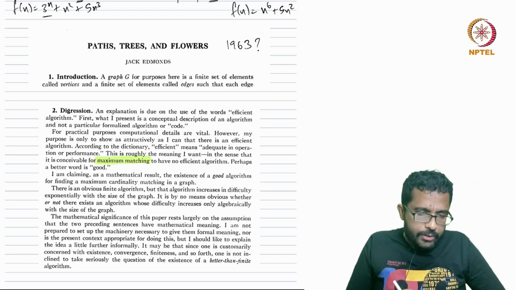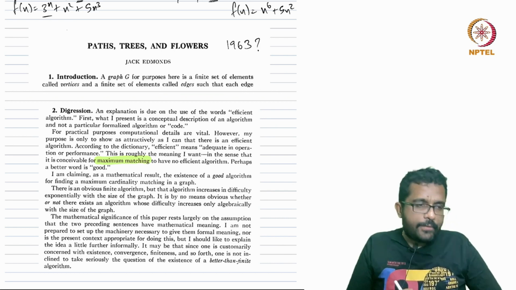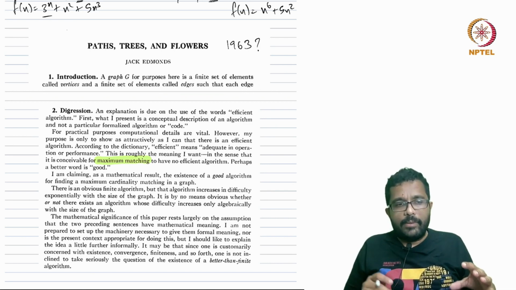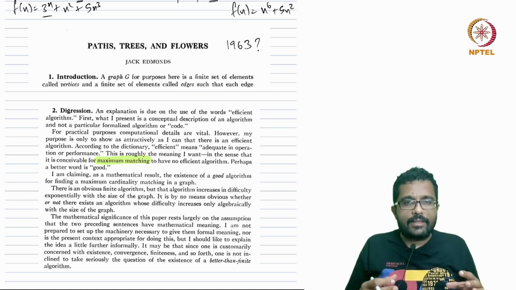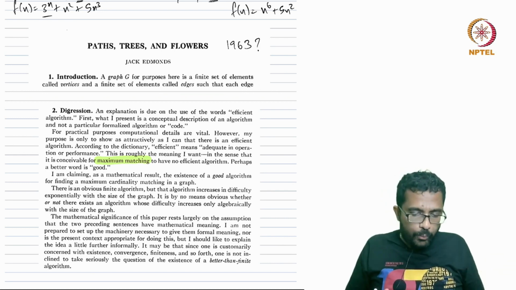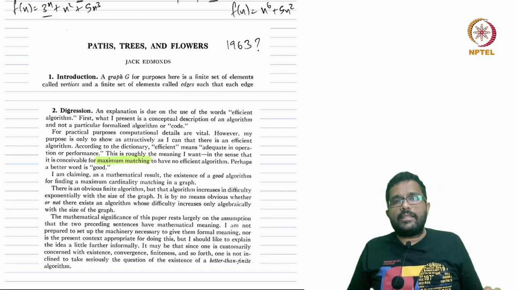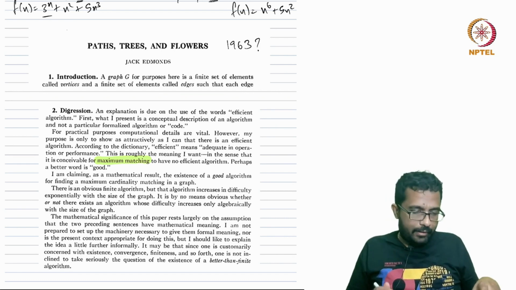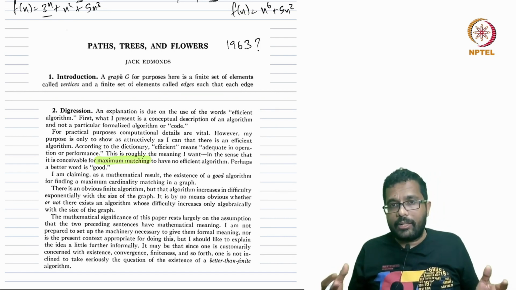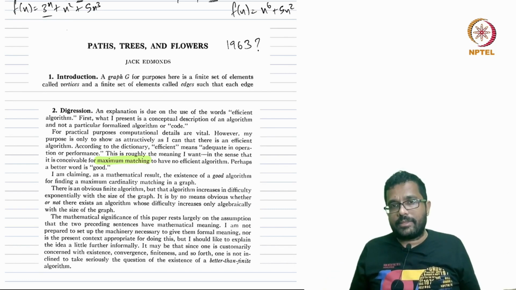However, the thing is that most of complexity theory, the definitions were given and things took shape in the 70s. So in 1963 there was no formal theory that stated that polynomial algorithms are better than exponential algorithms, right?